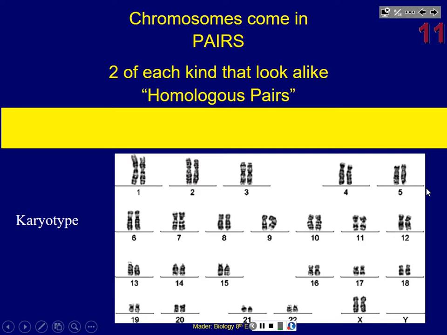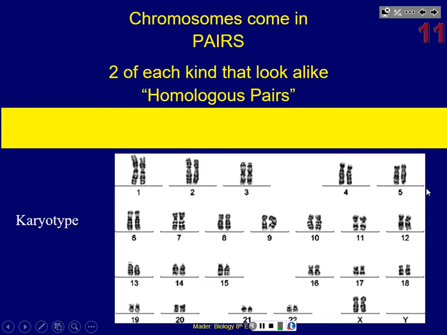So obviously, this example is a female because there are 2 X chromosomes right there. Had this been a male that had been karyotyped, there would only be one of those X's and there would be a Y. I'll show you a Y later. It's very different from the X. Okay? So that's someone's 23 pairs of chromosomes.